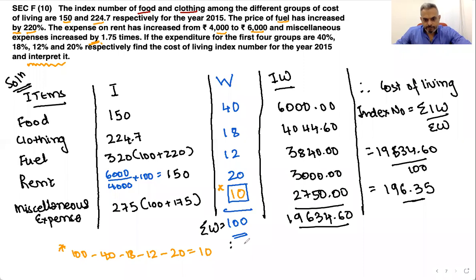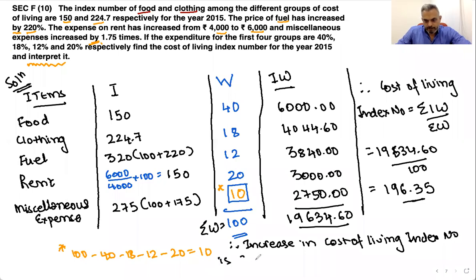Therefore, increase in cost of living index number is 96.35 percent.